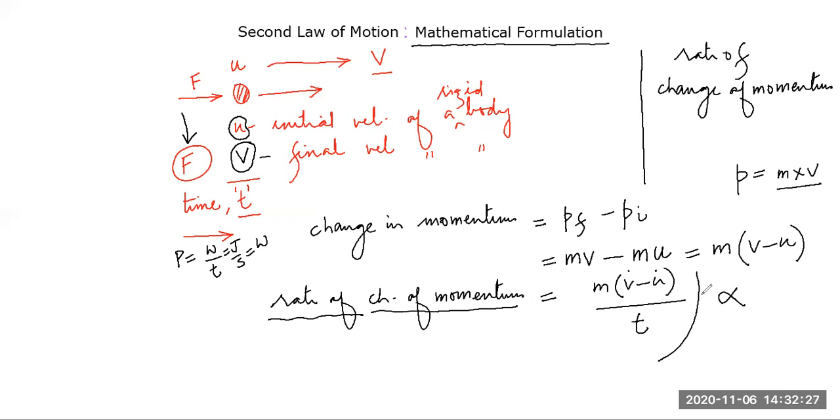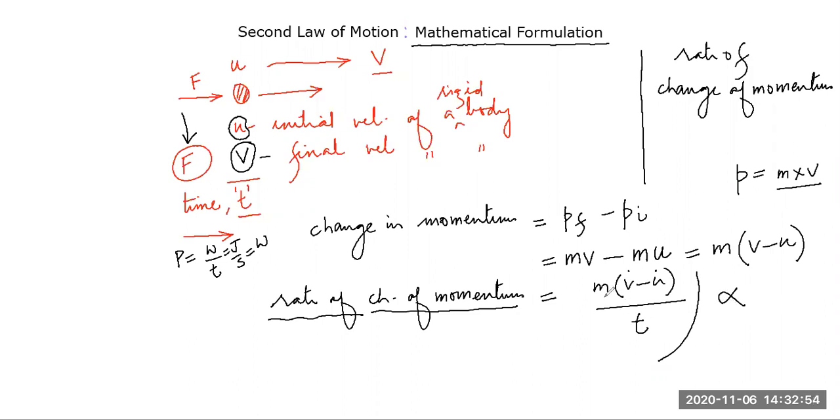I want this time Falgun Kaur to read the statement of the second law of motion again. Everyone listen carefully. It states the rate of change of momentum of an object is proportional to the applied force in the direction of force. Correct. You have not written one word, unbalanced force, but anyway, forget about balanced and unbalanced now. Some force is there.